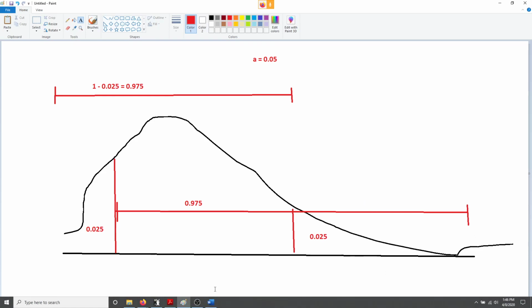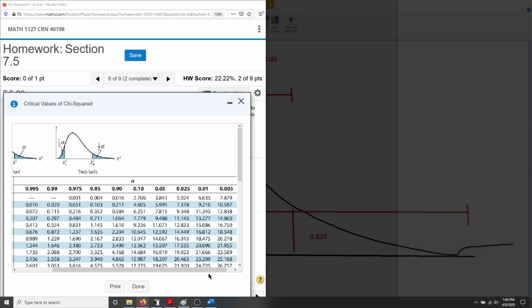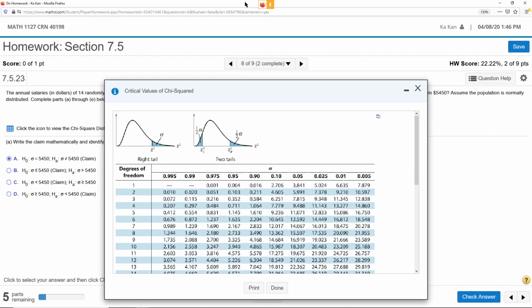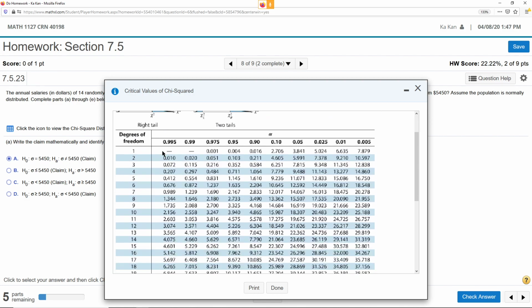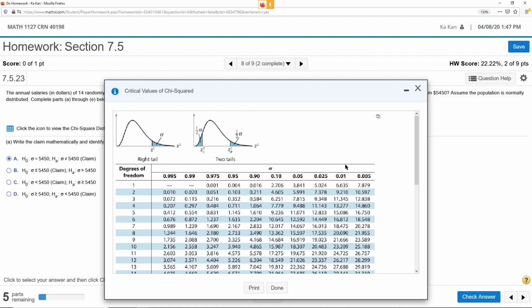So looking at the table, remember the table gives you what's on the right. That's very different. In the past, it's always on the left, right? Now it's on the right. So you just gotta wise up a little bit. Just gotta look at 0.025. That's the one on the right.